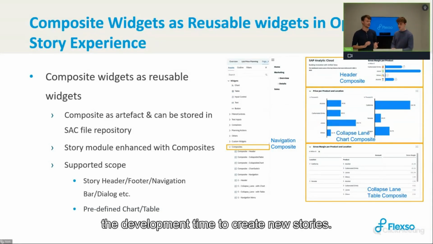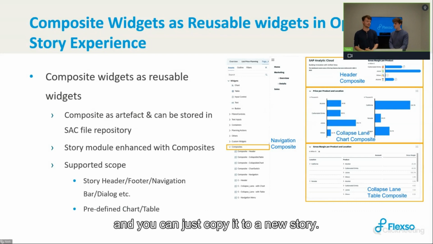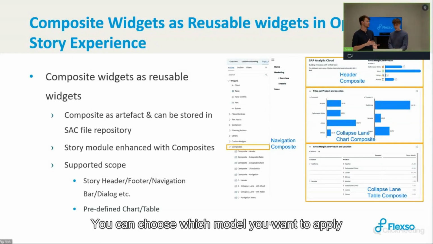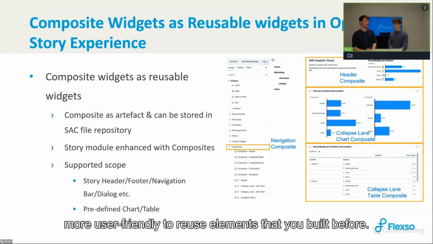So, for example, you can define a header composite, which has different elements in it defined, and you can just copy it to a new story where it's taken over. You can choose which model you want to apply to the visualizations. Then it's much more user friendly to reuse elements that you built before.